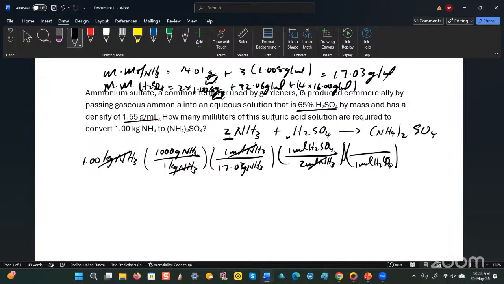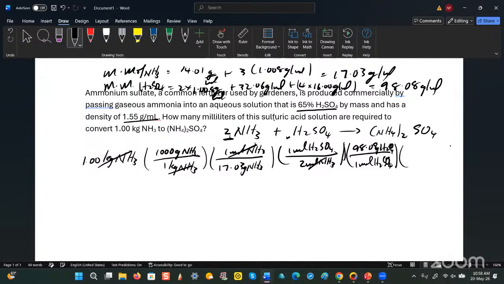Okay, so let's see what that gives. So 2 times 1.008 plus 32.06 plus 4 times 16, that's 64. So according to my calculation, this works out to be 98.08 grams per mole. All right, so that's what I'm going to put here, 98.08 grams of H2SO4. So we needed to do that first.